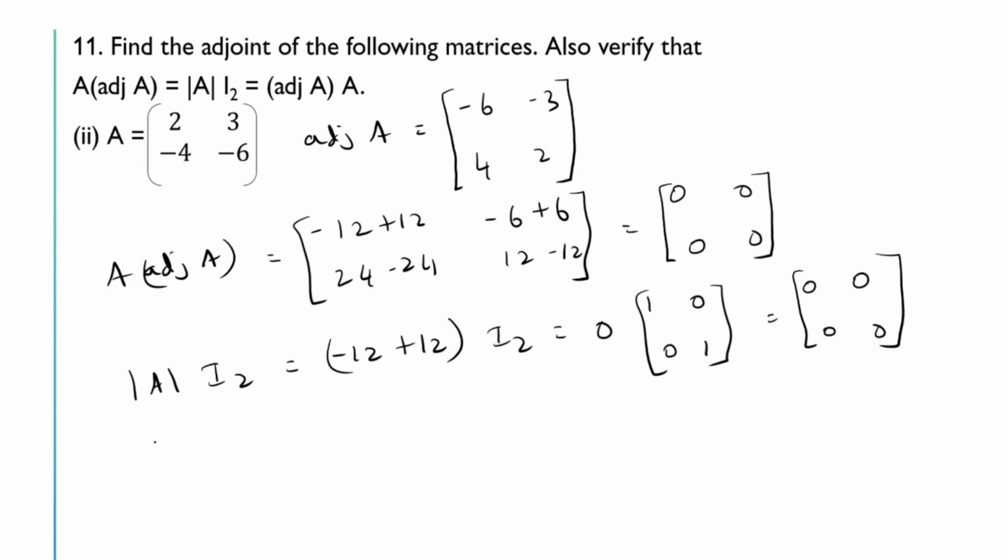Now we will also find adjoint of A into A. So adjoint of A into A is equal to minus 6, minus 3, 4, 2 into 2, 3, minus 4, minus 6.